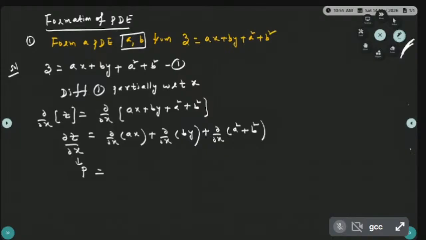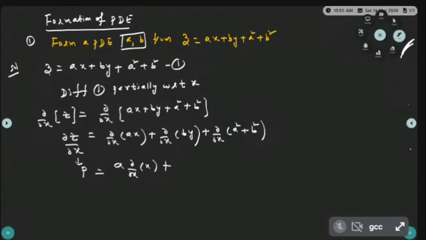Here, what is constant? A is constant, take A outside. Dou by dou x of x. Here, we are differentiating with respect to x. What is b? Constant, as well as y also constant. Both are constants. In by, is there any x term?